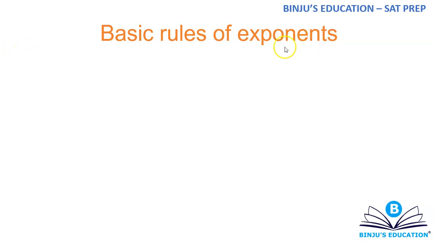When you talk about exponents, the general form of writing an expression in exponent form is a to the power of m, where a can be positive, negative, 0, and m can be positive, negative, 0, but a and m cannot both be 0, because 0 to the power 0 is not defined in maths. So anything in exponents can be written as a to the power m, where a is known as the base and m is known as the power.